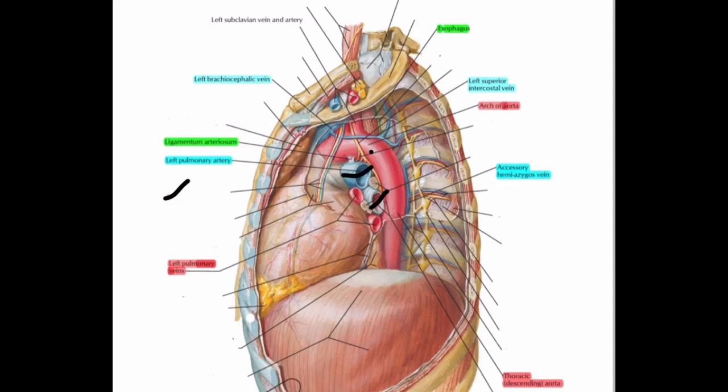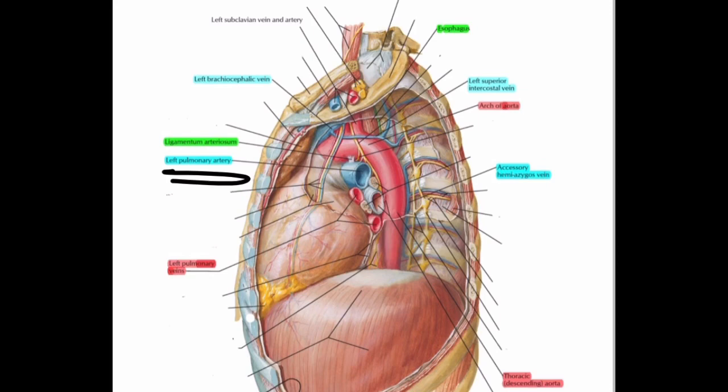So recall what I had told you in the previous slide, that on the right side we have the artery and the bronchus at a similar level anteroposteriorly, but here you can clearly see that the left pulmonary artery is above the left mainstem bronchus.